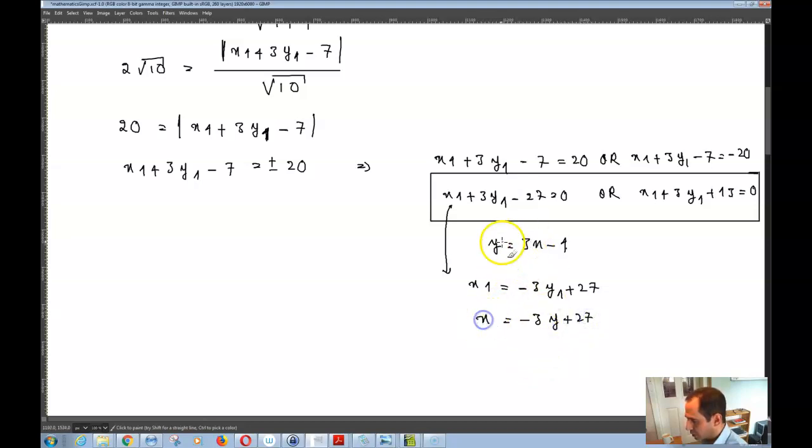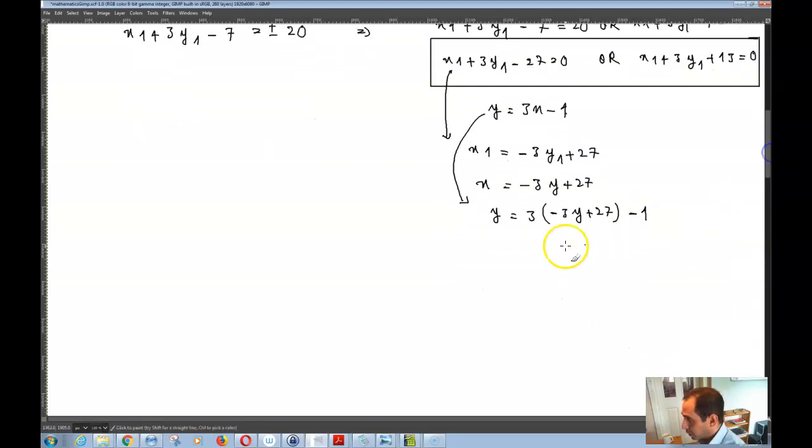Then I can put this x in this equation, y is equal to 3x minus 1, where x is negative 3y plus 27. And that gives me y is equal to negative 9y plus 81 minus 1.